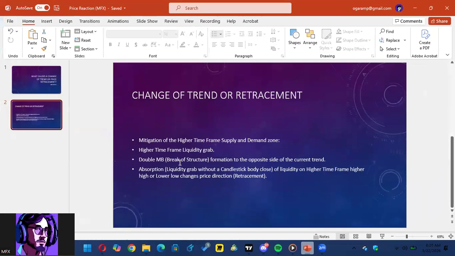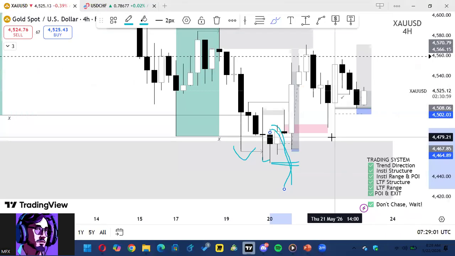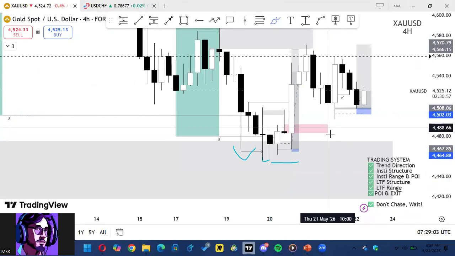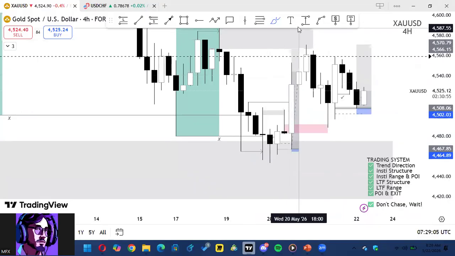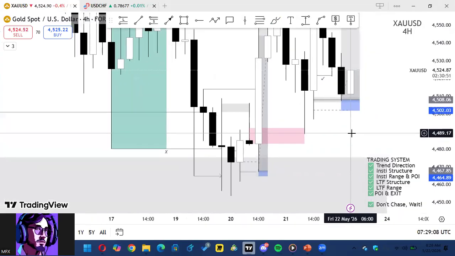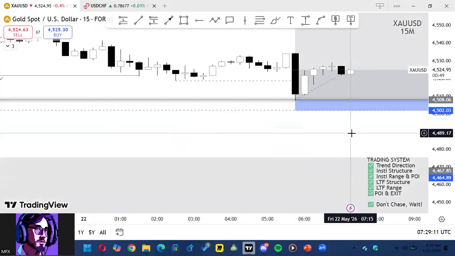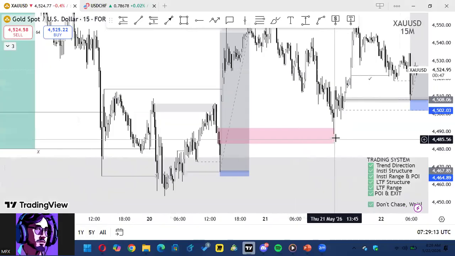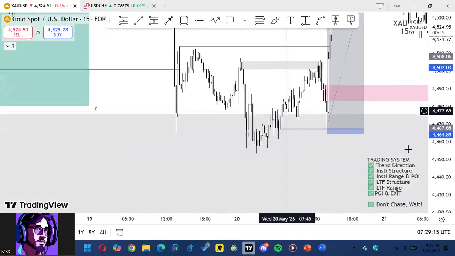That's what we said here: absorption, a liquidity gap without the candlestick body close. All of these were part of the reason why I took the trade I took on Tuesday. If you remember, in that video we were on the live trade, and it played out pretty well.